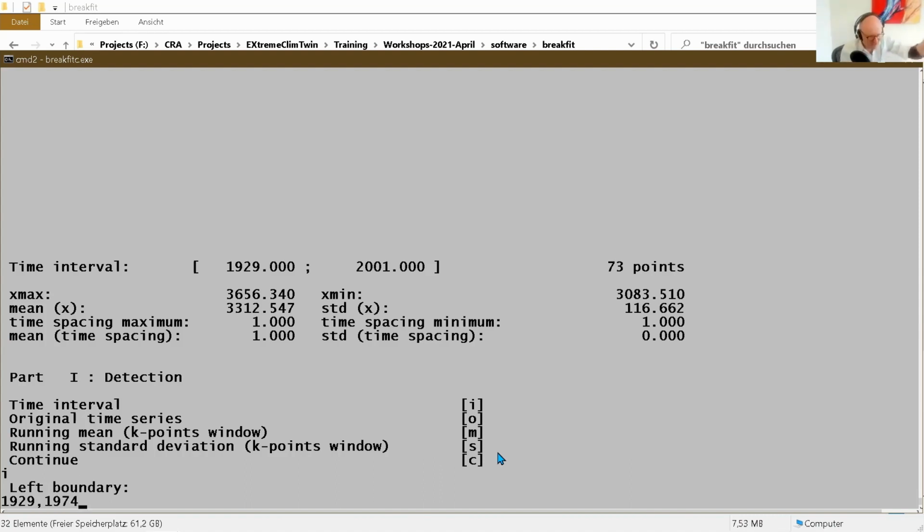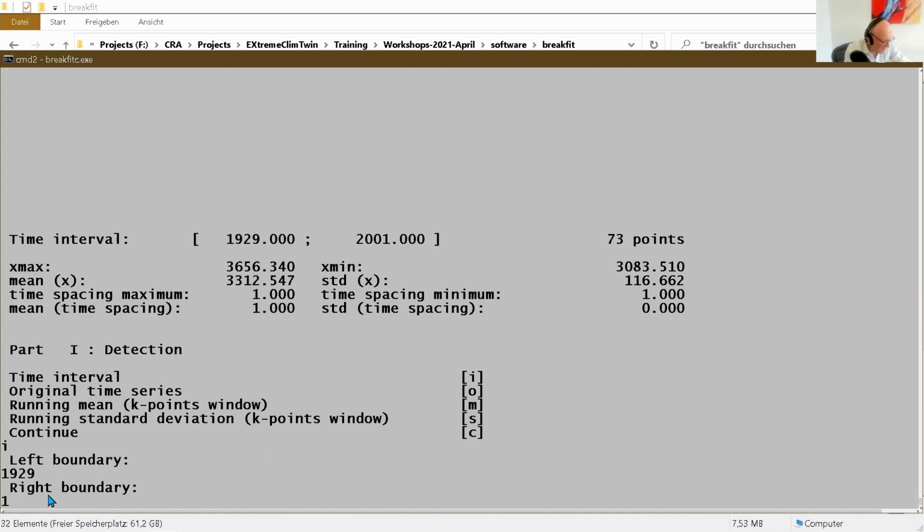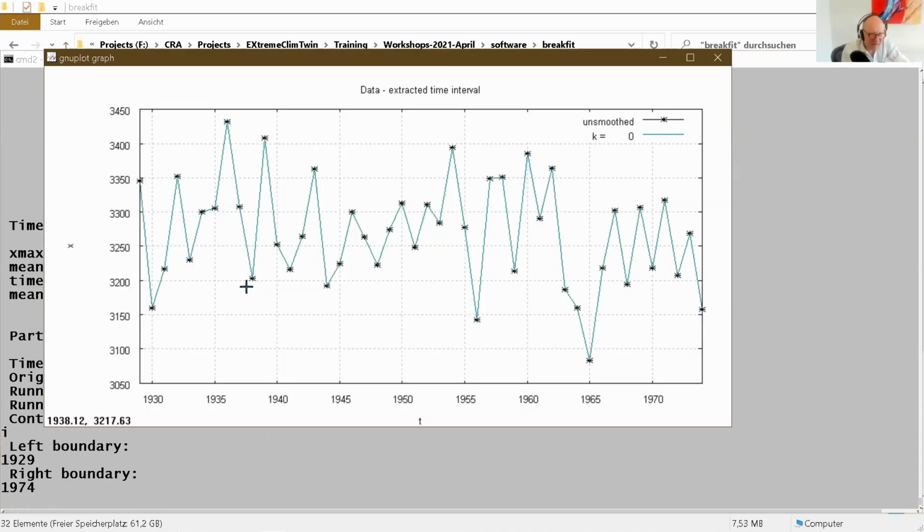It's just out of the blue that I try this one. Okay, left boundary, 1921. Right boundary, 1974. Enter. Now it's difficult to spot anything, I would say.